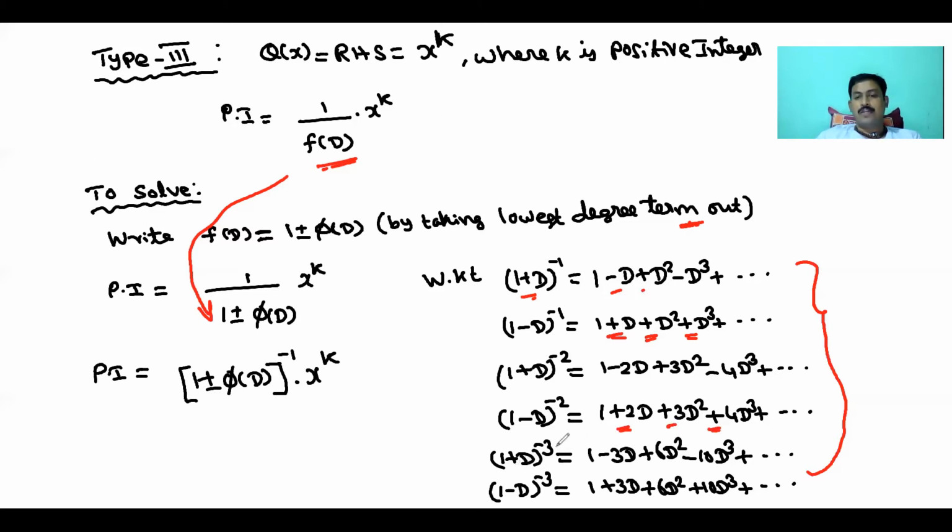Then 1 plus D whole power minus 3 equals 1 minus 3D plus 6D square minus 10D cube plus etc. Similarly, 1 minus D the whole power minus 3 equals 1 plus 3D plus 6D square plus 10D cube plus etc. Using these formulas, we can expand this term, multiply by x power k, and differentiate the term if necessary.